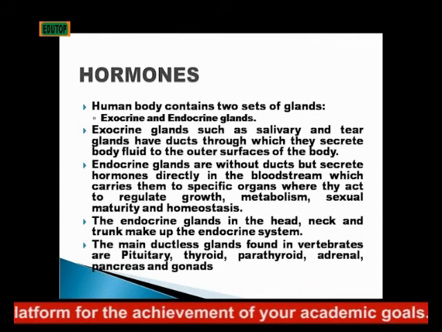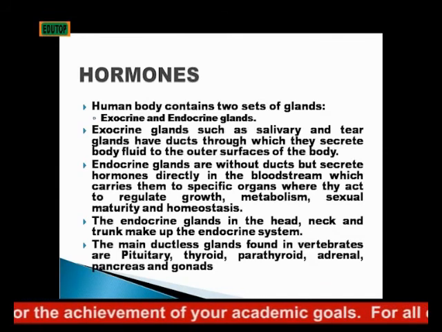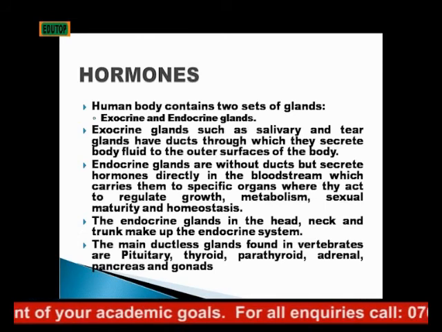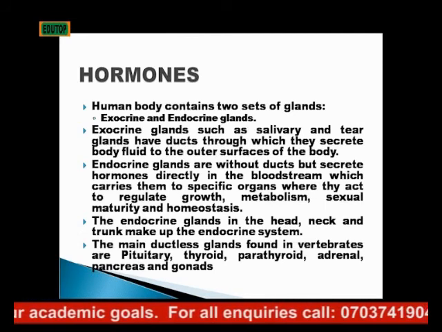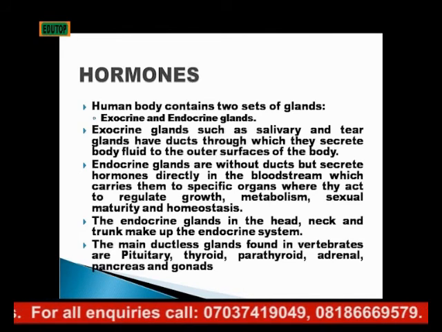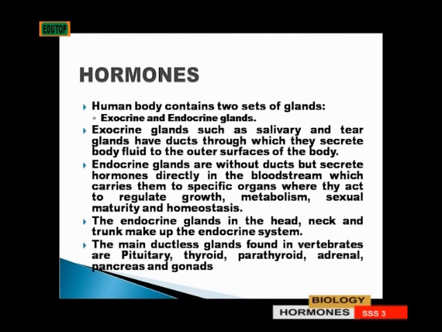And the main ductless glands that are found in the vertebrates are the pituitary gland, the thyroid gland, the parathyroid, the adrenal, the pancreas, and the gonads. This is illustrated in the body of this man. You see the various glands, the pituitary, the thyroid, the parathyroid, the adrenal, the pancreas, and the gonads.